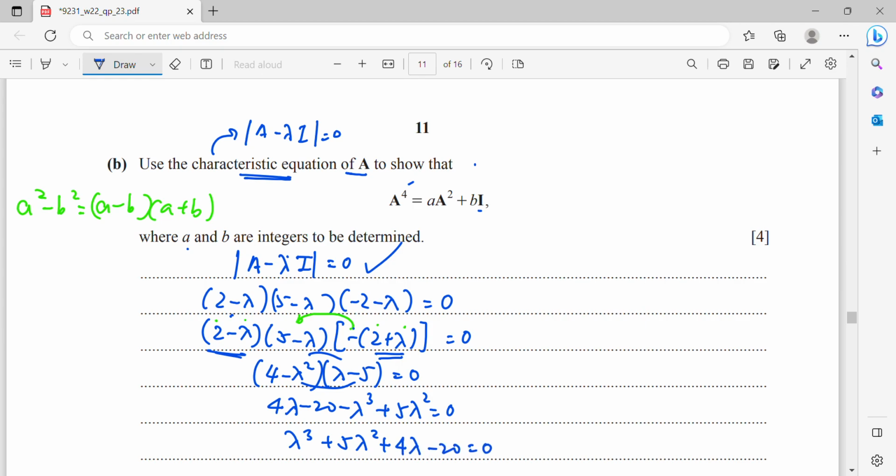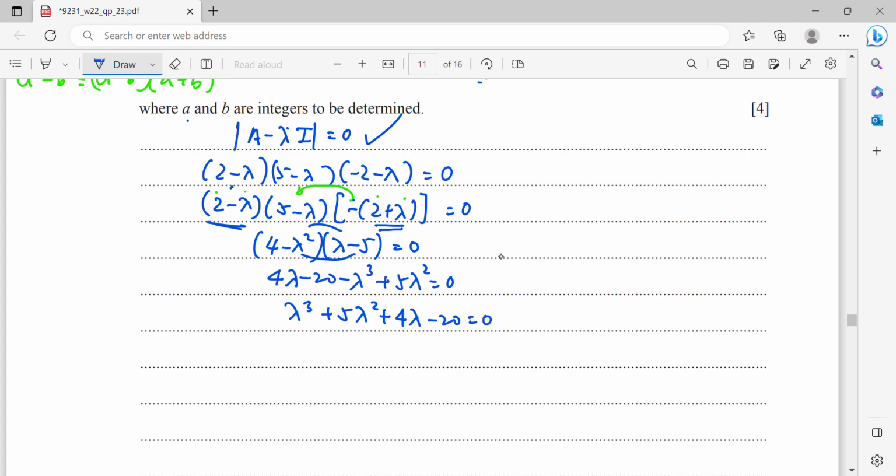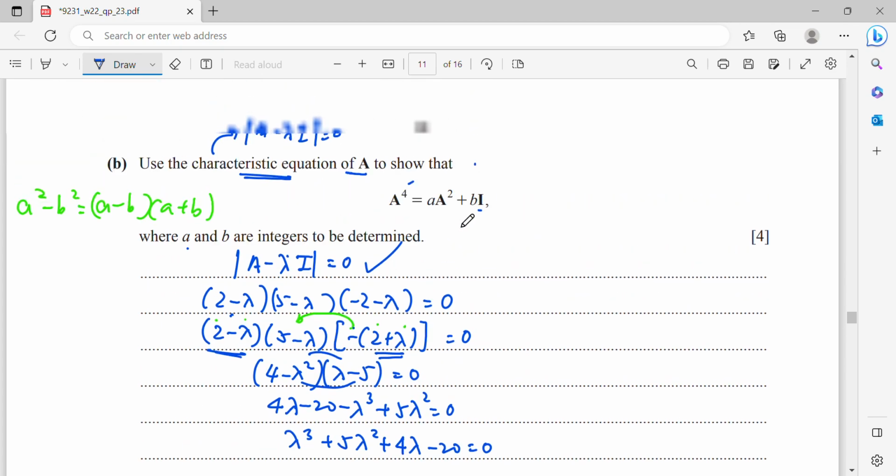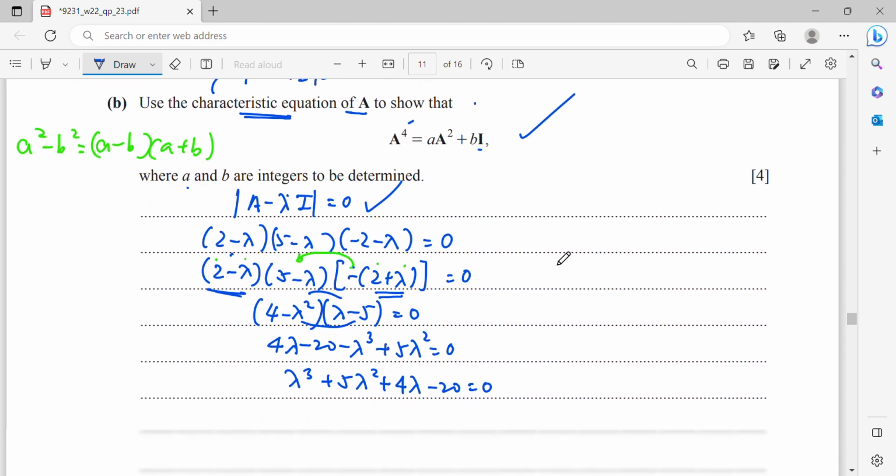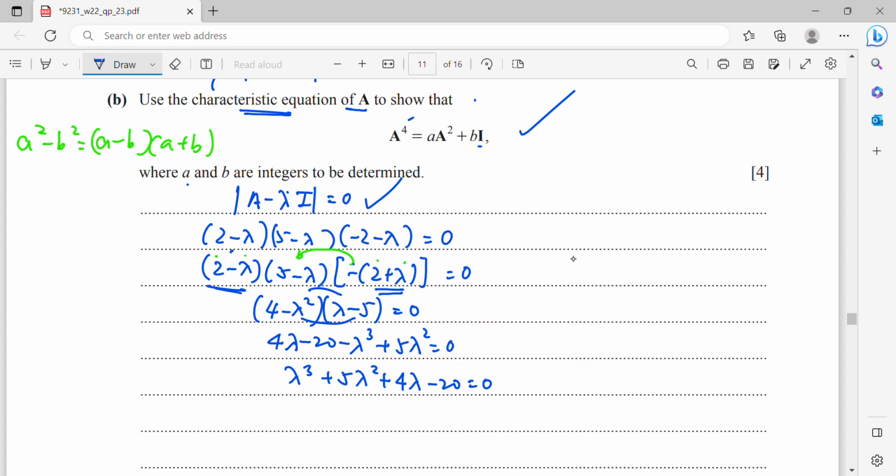Now when we need to get the equation in terms of A, we know that lambda is actually the eigenvalue from the A, so you can easily change to matrix. But be careful with the last term, which is 20. This is a constant. So when you change everything to matrix, it should be 20I. I is the identity matrix.